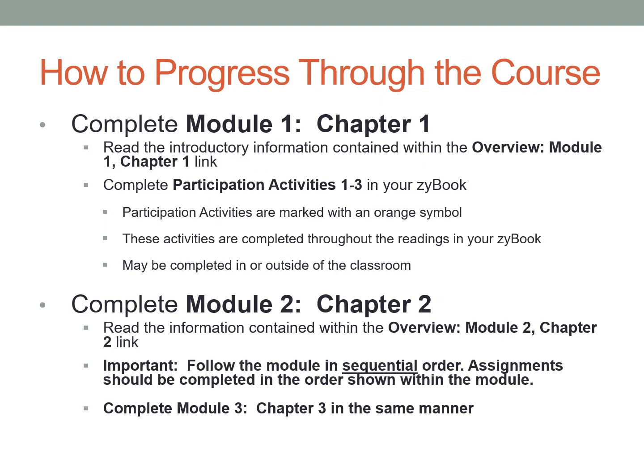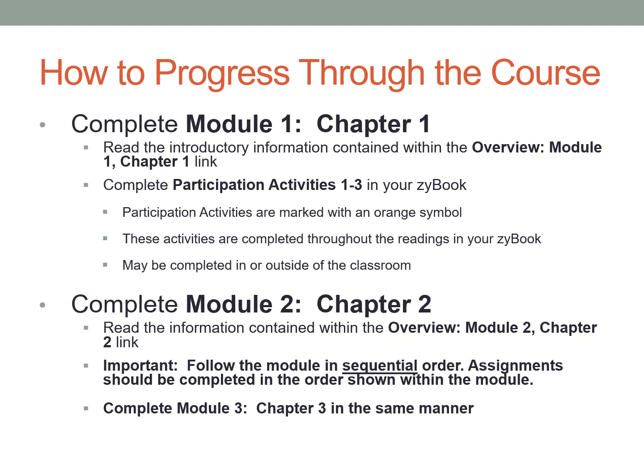Once you have worked through the preliminary modules, you may then start Module 1. Please review this module carefully. First, begin this module by reading the introductory information contained within the Overview Module 1, Chapter 1 link. Then, complete participation activities 1 through 3 in the XyBook.